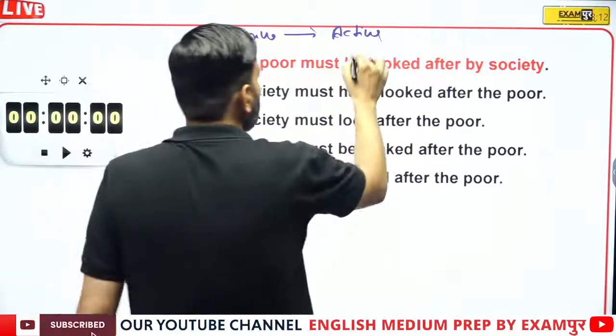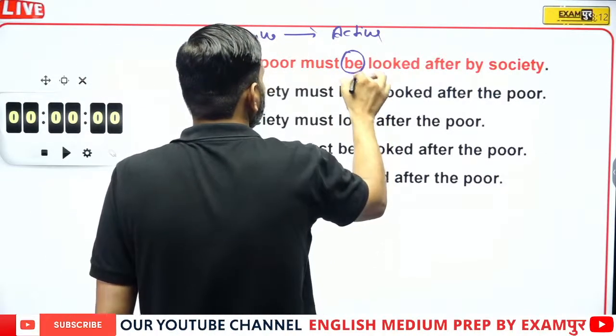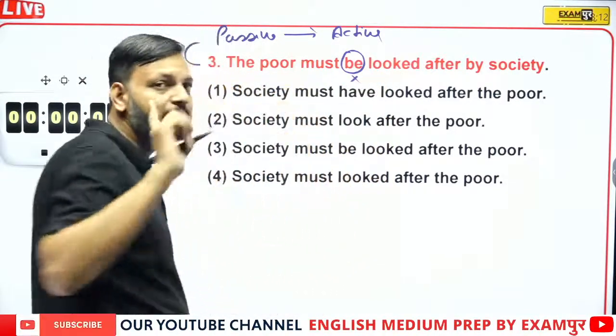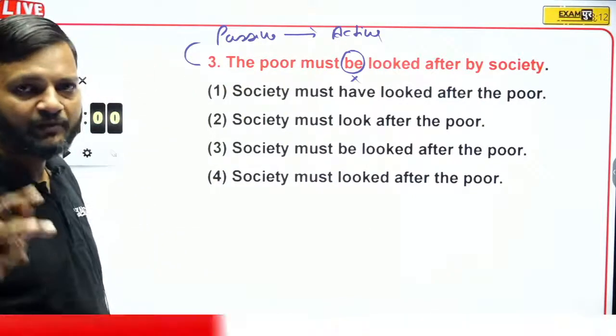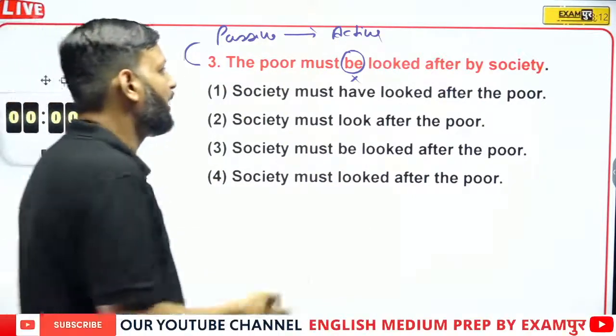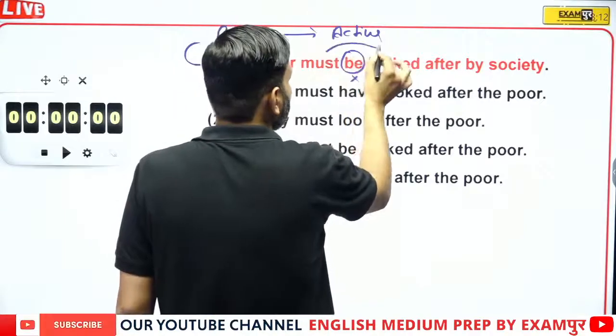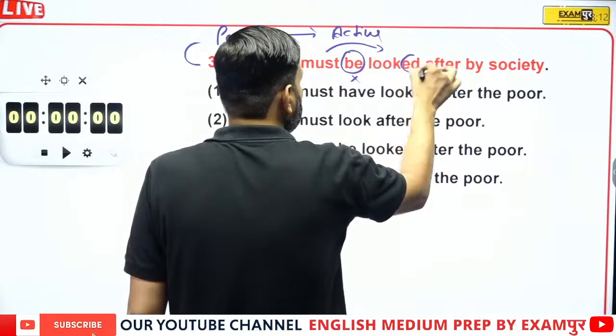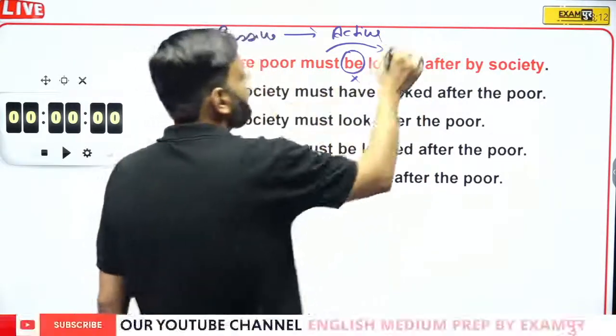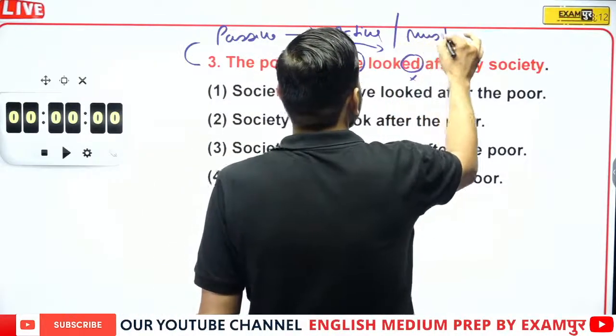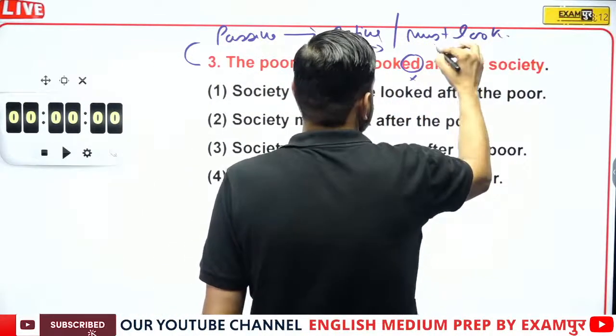The very first thing is remove be, because be plus third form represents passive. Now modal verbs are followed by first form. So change looked into look. That means we need must look in our sentence.